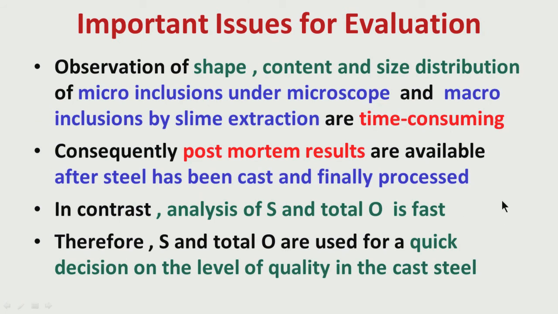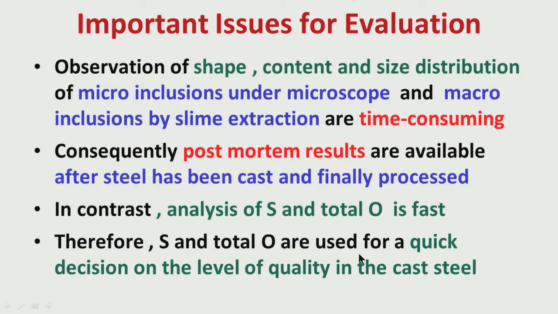So, we can decide whether this steel, which is still in the cast stage and has not been processed, should be processed, because we know that this particular steel will not give good quality. It will not fulfill the stringent requirements. So, what is the point in processing this cast steel? Rather, we should process it for some inferior quality of steel.